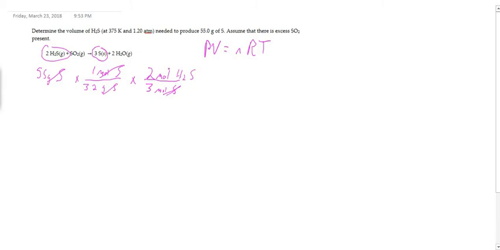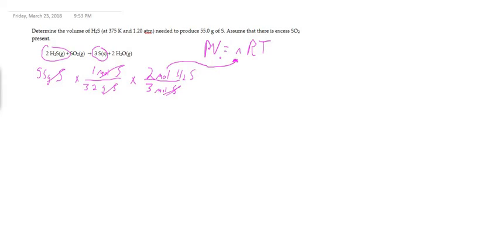Okay, and then I can take those moles and plug it into my gas law. So let me go ahead and get that answer here. Again, I start out with 55 divided by 32 times 3 divided by 2.